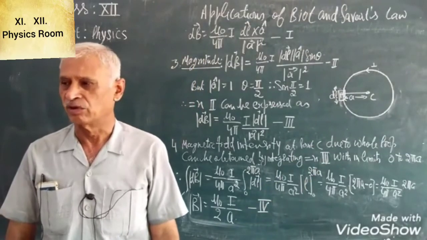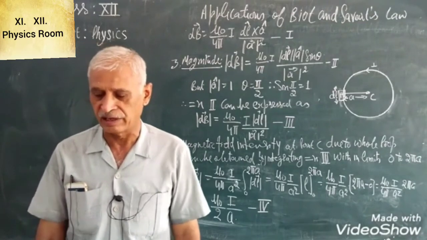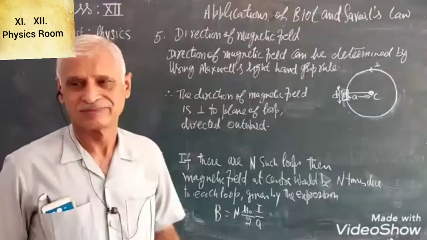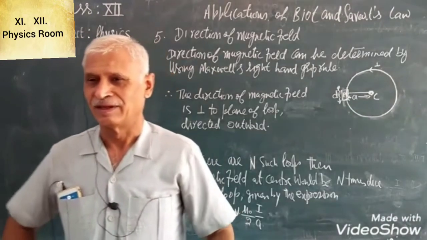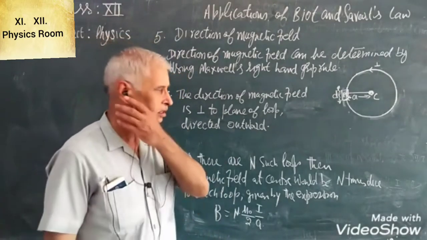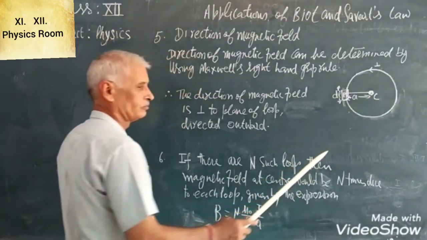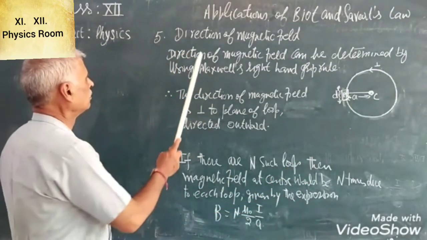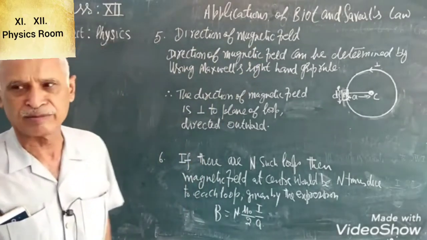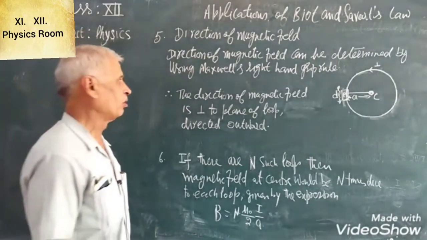Now we have to go for the direction of the magnetic field. How do we calculate the direction of the magnetic field? We use Maxwell's right hand grip rule. Now the direction of the magnetic field produced at the center of the circular loop, as I told you, can be found by using Maxwell's right hand grip rule.